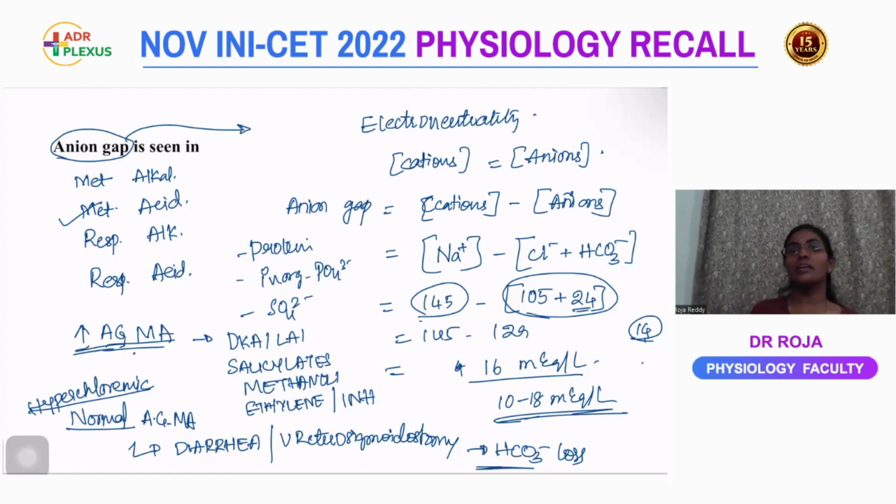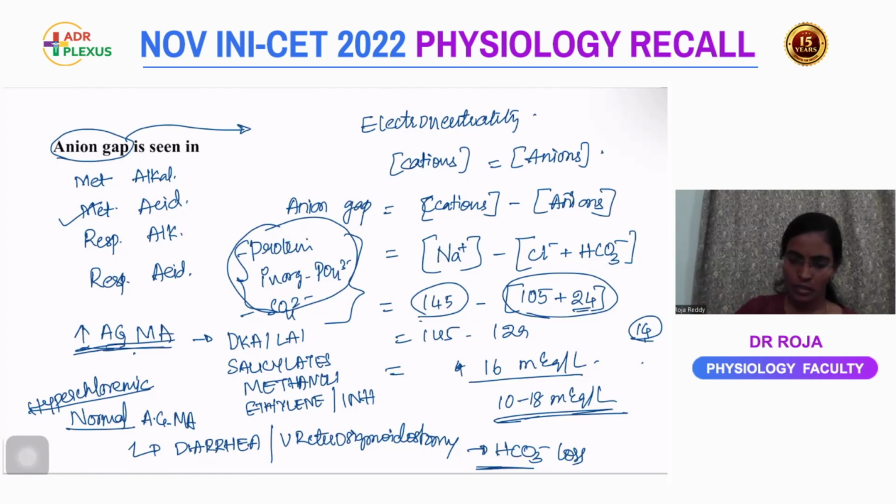But there is a compensatory increase in the other anions like inorganic phosphates, proteins, sulfates, etc., which are the components responsible for the anion gap. If the anion gap is increased, it means the concentration of these things is increasing in the body. So high anion gap metabolic acidosis is associated with either a normal or a reduced chloride concentration. There will not be any hyperchloremia in high anion gap metabolic acidosis.